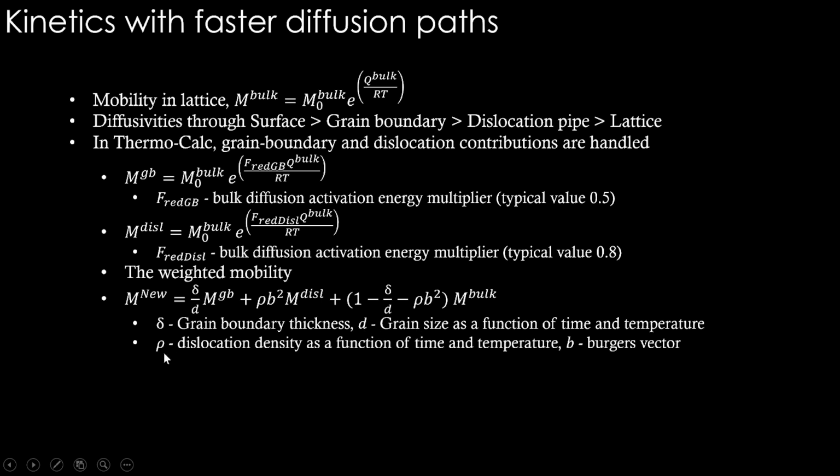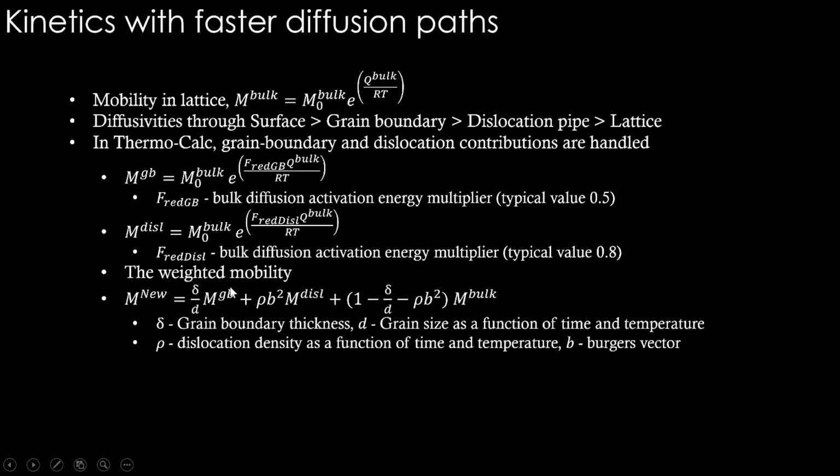Then rho is dislocation density as a function of time and temperature. So if rho is high, the dislocation pipe diffusion contribution will be high. Then Burgers vector b, this is the distortion created by a dislocation. If this is more, again the contribution of dislocation pipe diffusion will be more.